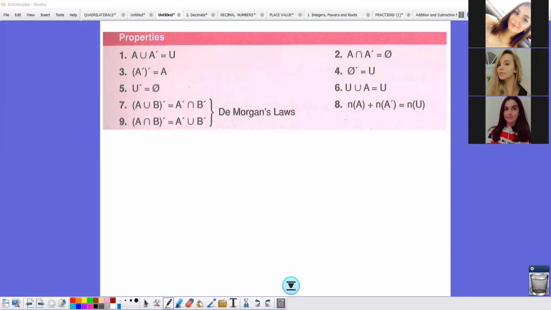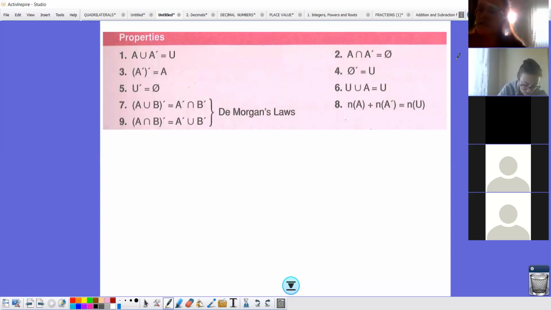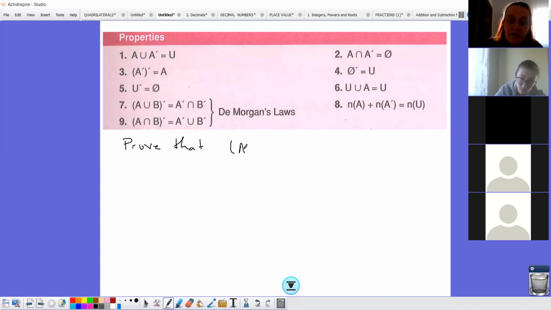Now here I will give you one proof, and this one is an extra thing. I will not ask you, but I want to show you one way how we are doing this more mathematically. For example, if it says prove the, let's say, 7th property, prove that A union B prime is equal to A prime intersection B prime.